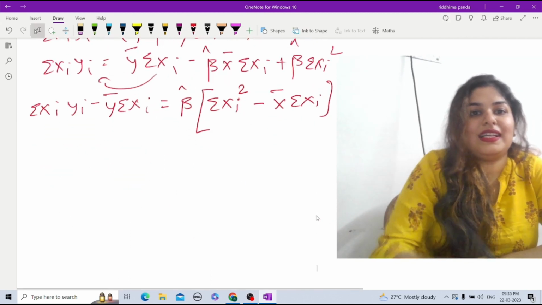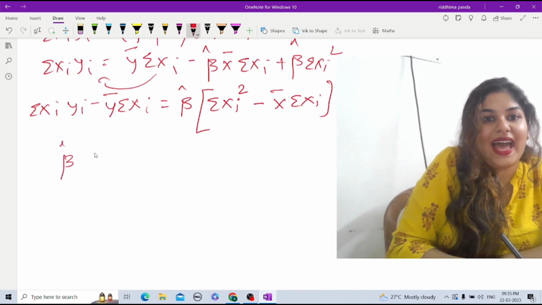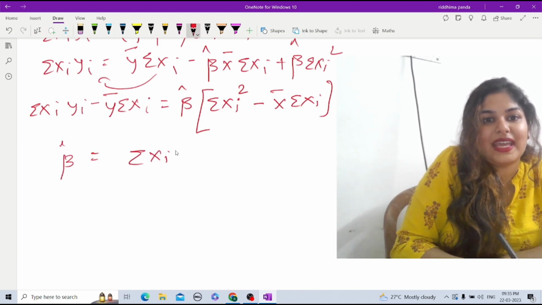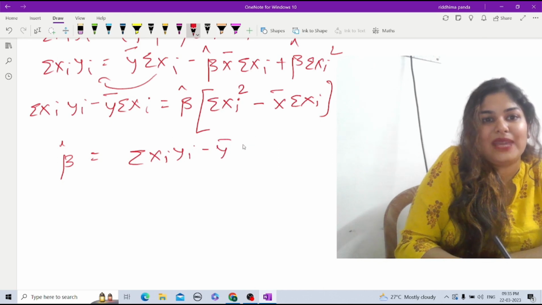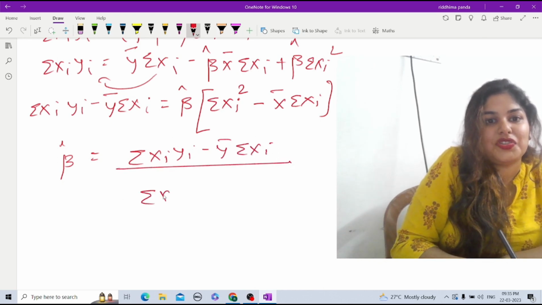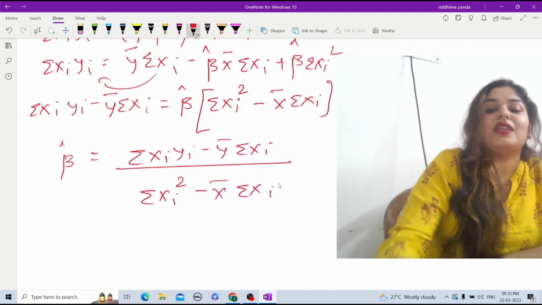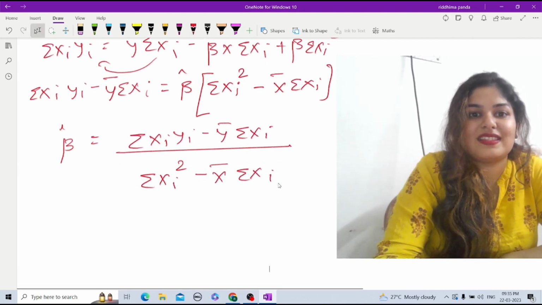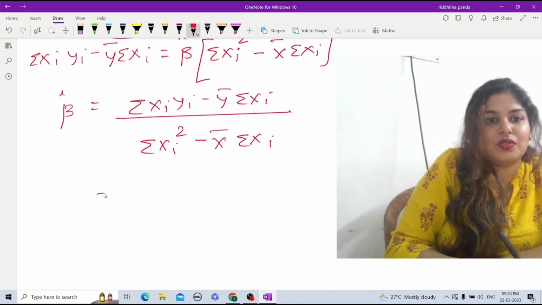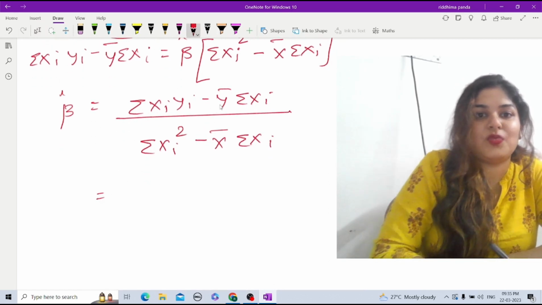Therefore beta hat is equals to summation xi yi minus y bar summation xi whole divided by summation xi square minus x bar summation xi. Let's try to simplify this. First, let's work with the numerator.